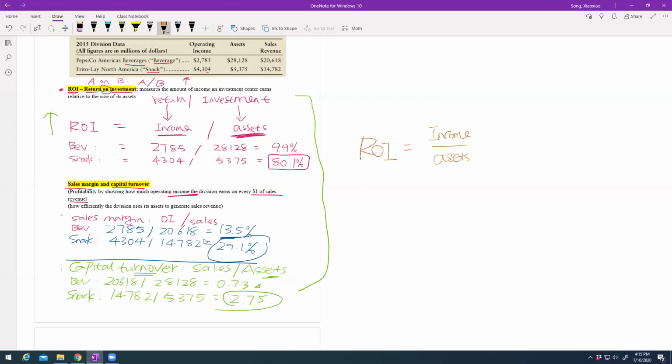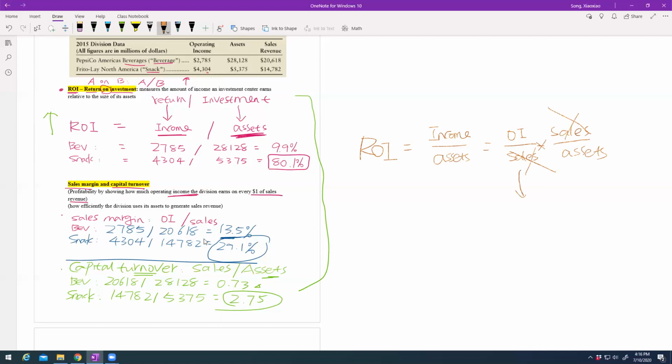But this can also equal operating income divided by sales, times sales divided by assets, and then you cancel the sales. So it's still operating income divided by assets.